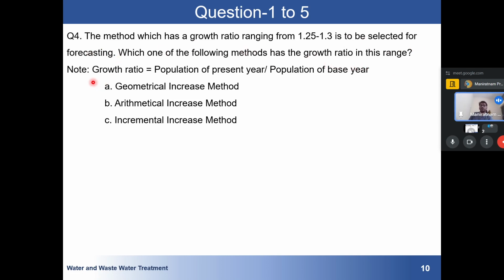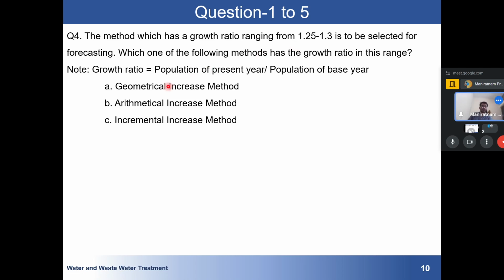We define growth ratio as the population of the present year divided by the population of the base year, means the projected population divided by the current, base year, last known population. For the treatment plant, they have decided that when designing, they will take a growth ratio of 1.25 to 1.3.